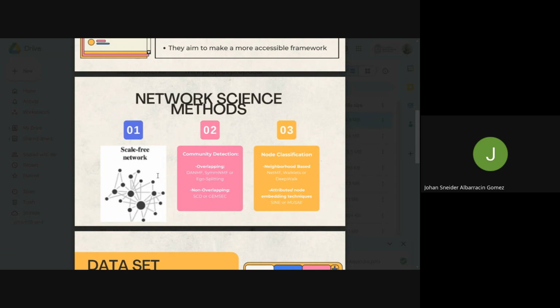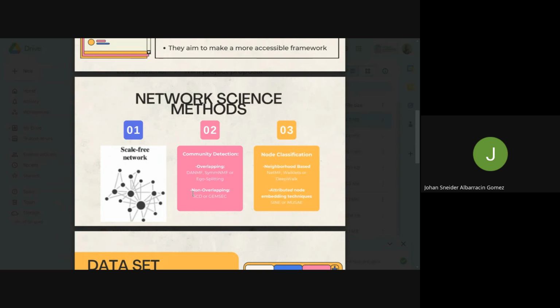We thought it could be a scale-free network because of the streamers or influencers that can concentrate a lot of the users or followers. To achieve these goals, there are two tasks. The first one is community detection, and there are two kinds of algorithms. In the first place, they work with overlapping, and the second one with non-overlapping. So we can see some kinds of algorithms for each one of the cases.